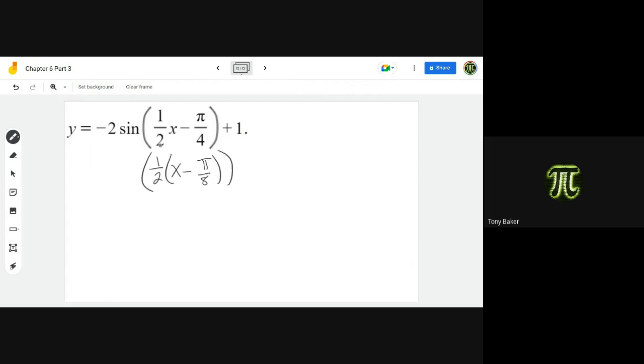So you need to factor out that 1/2. You need to factor out whatever's in front of that x first. So if you notice, I took out the 1/2 and now I have pi over 8. Well, yeah, I can take out any number I want, as long as going back, it gives me the same answer. So if I was to multiply 1/2 times x, I get 1/2 x, right?